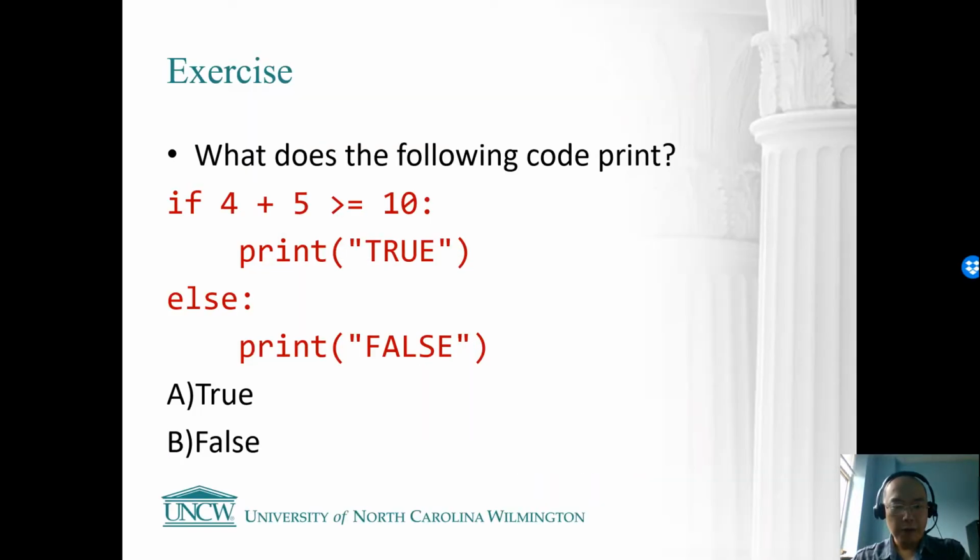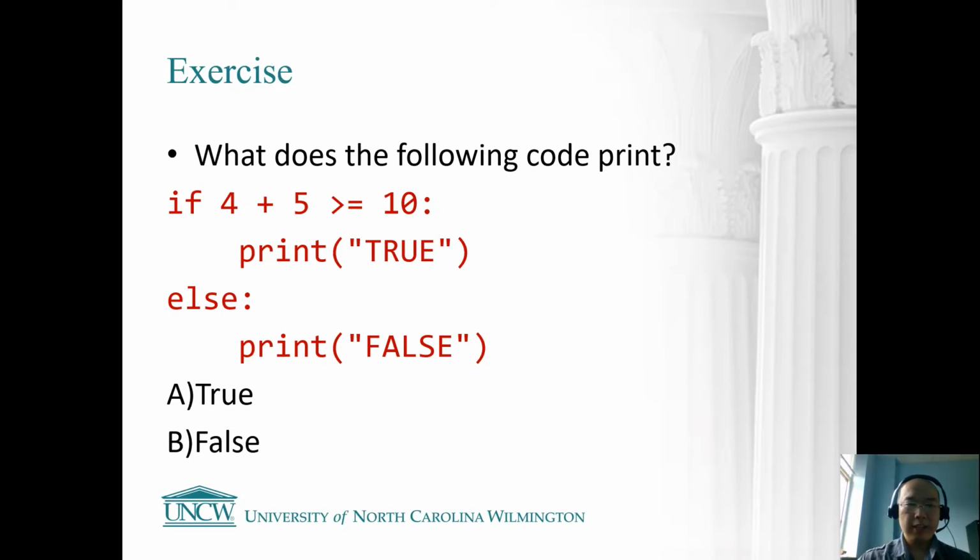Okay, now a very small exercise. What does the following code print? So if 4 plus 5 greater or equal to 10, we print true, otherwise we print false. What are we going to get? So think about the operator precedence first. We process the arithmetic operators, then we handle the comparison operators, right?